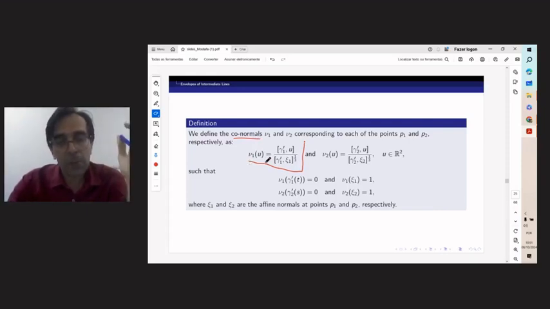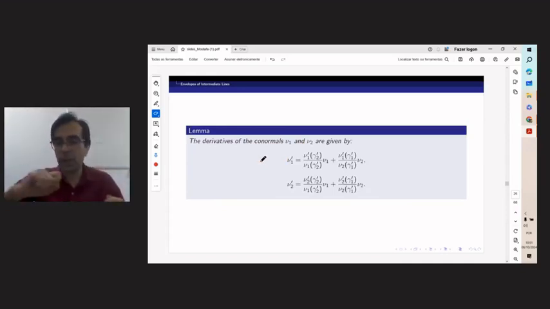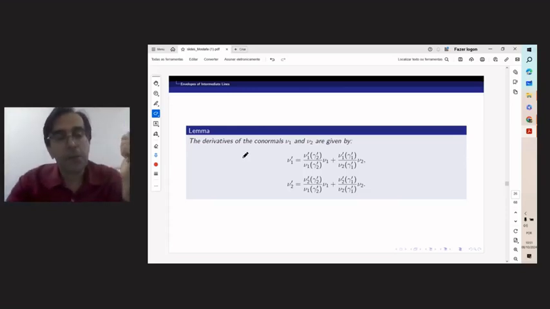Using conormals, we will define the equation of the line here, and then we are going to study the envelope. To study the envelope, we need to know about the derivative of these functions as well.